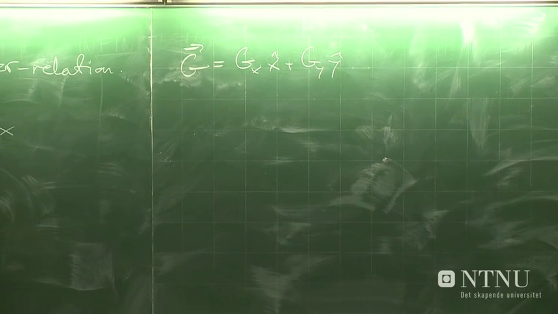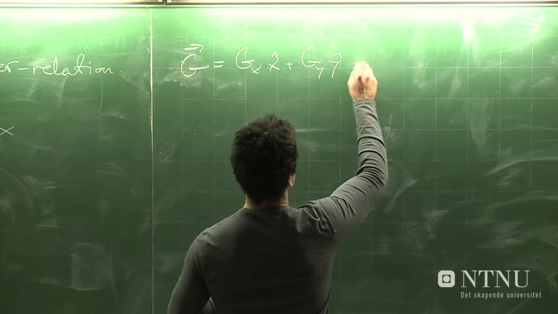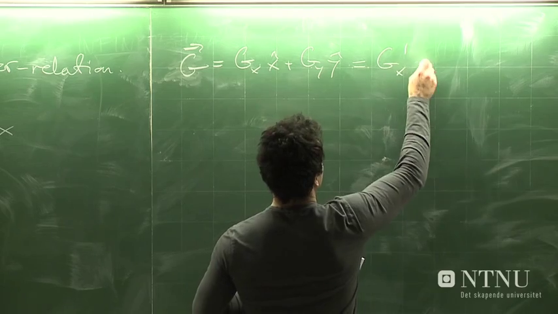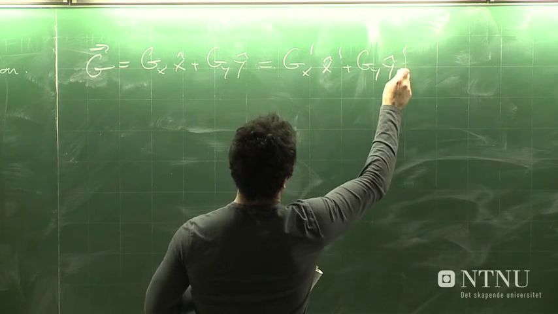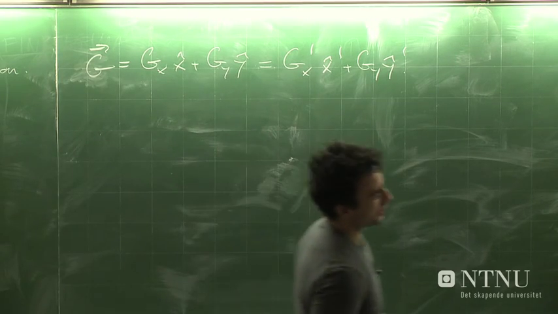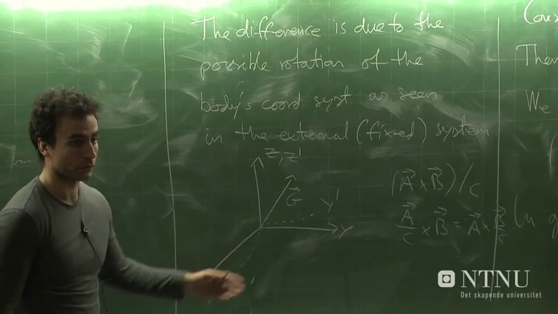Now, if I have a vector in some coordinate system, I can always represent that vector by another vector in a different coordinate system. Like this. So a vector in this fixed coordinate system I can always express as a vector in the rotating coordinate system.